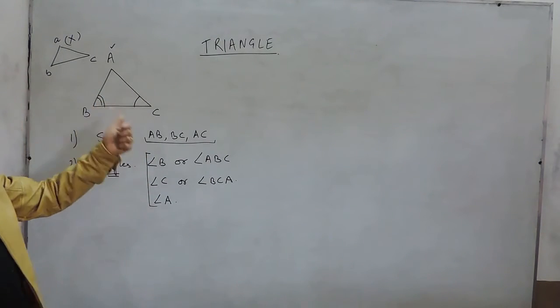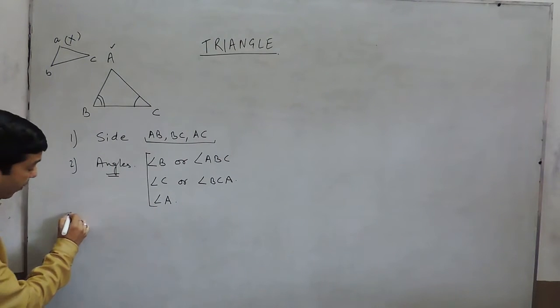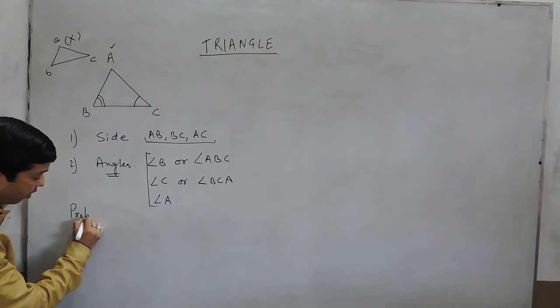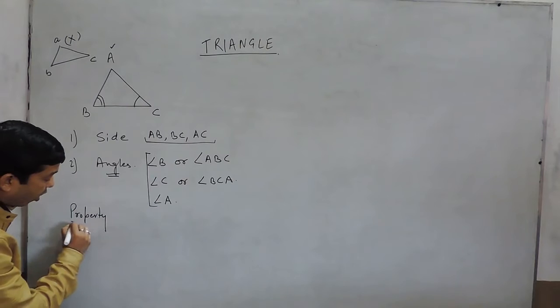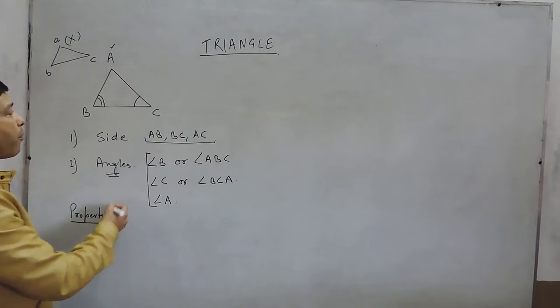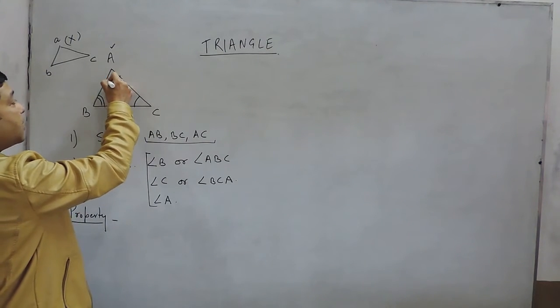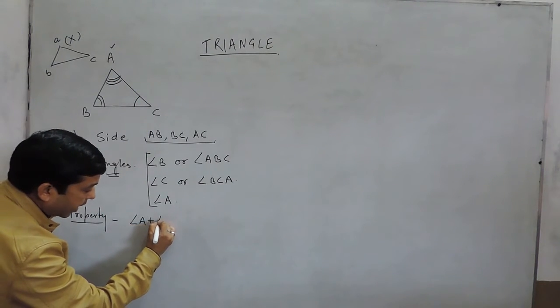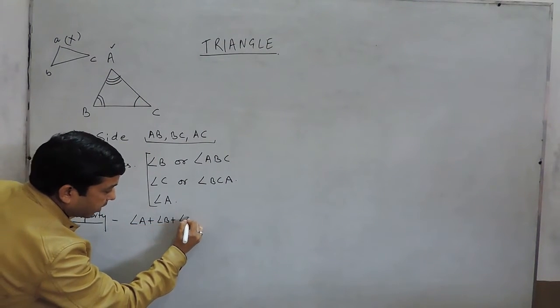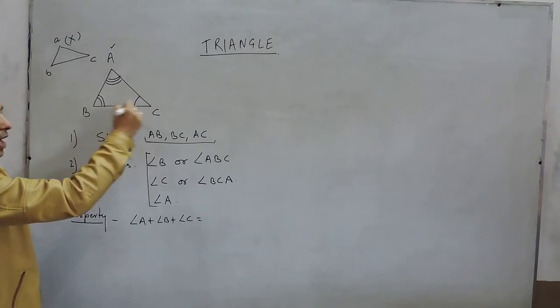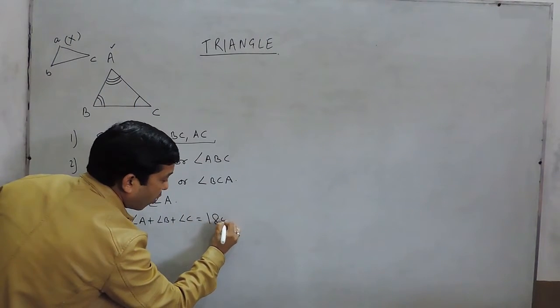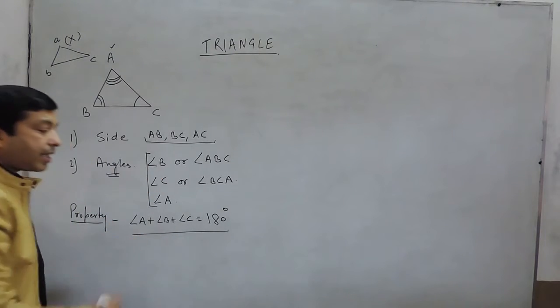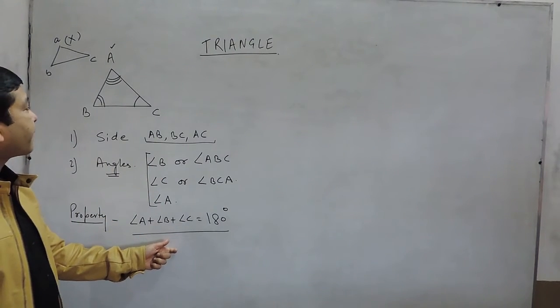Now, for any triangle, there is one property which is fixed for all triangles: the sum total of all the angles, angle A plus angle B plus angle C, should always be 180 degrees. This is true for all triangles.